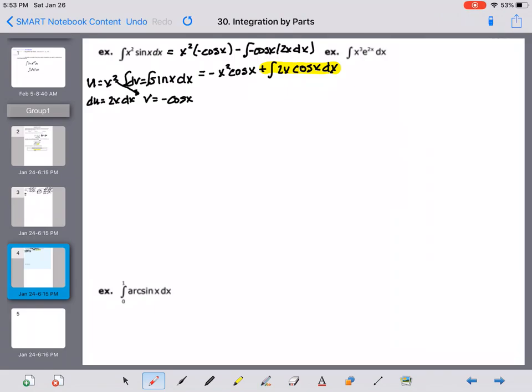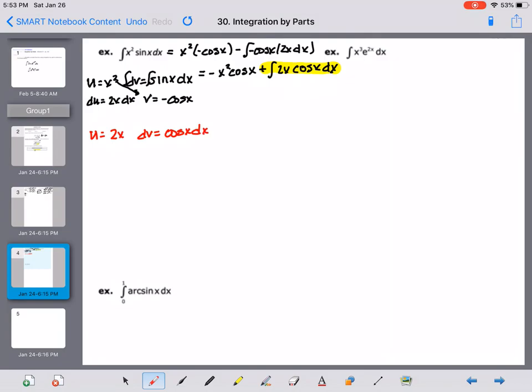Okay, so again, I'm going to choose my u to be my 2x, my dv to be my cosine x dx.